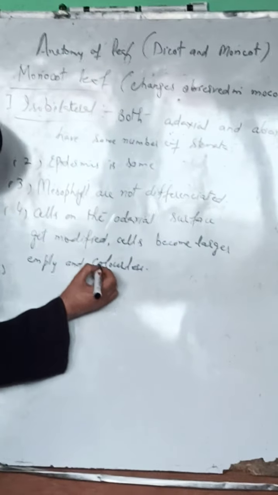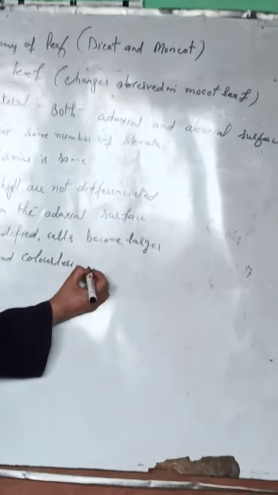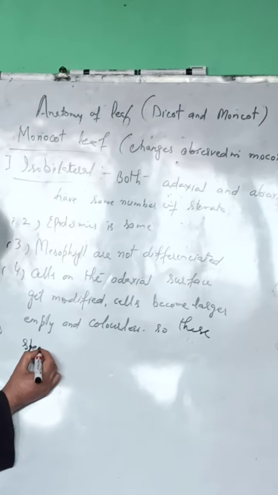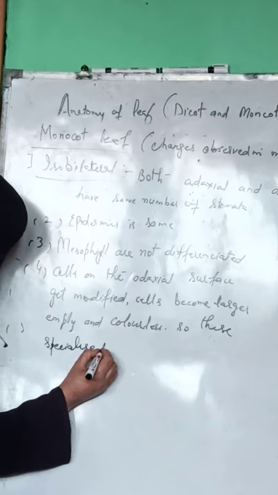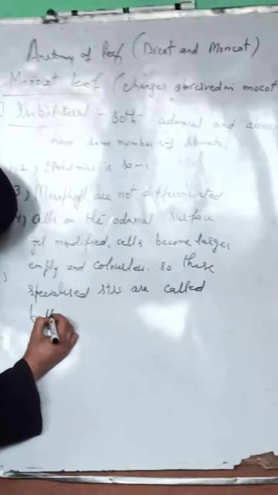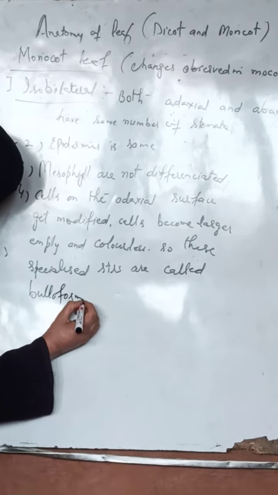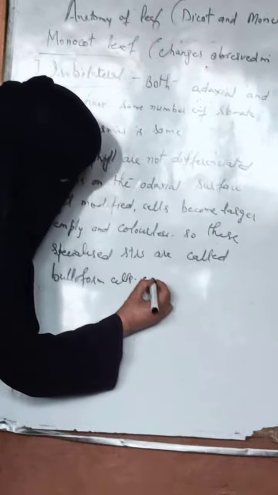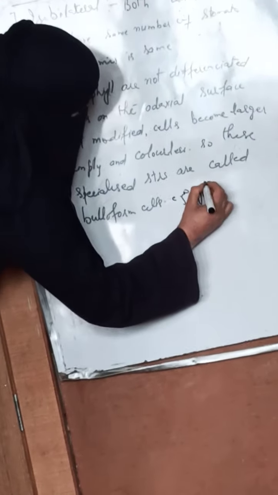Now these specialized structures are called bulliform cells. For example, in case of grass layer.